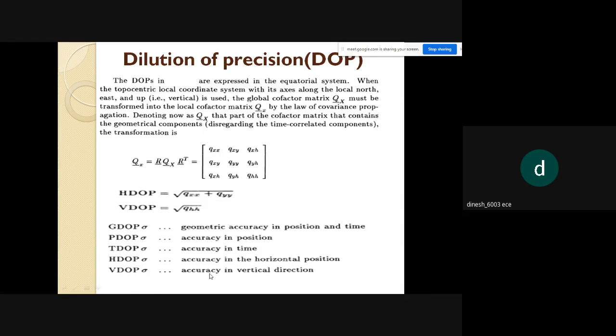Because when we fix the satellite in space, the altitude will remain as it is. That altitude has to be maintained by the satellite, which is monitored by the health indicator. So GDOP is geometric accuracy in position and time; PDOP, accuracy in position; TDOP, accuracy in time; HDOP, accuracy in horizontal; VDOP, accuracy in vertical.